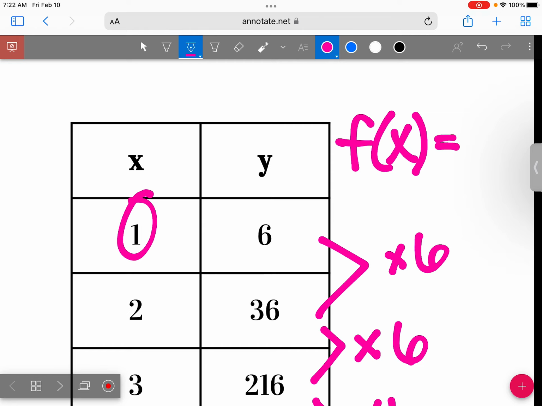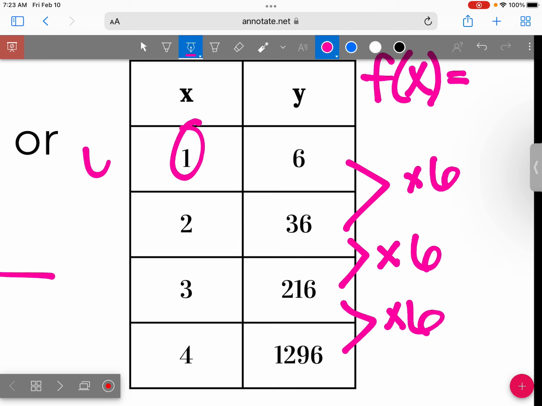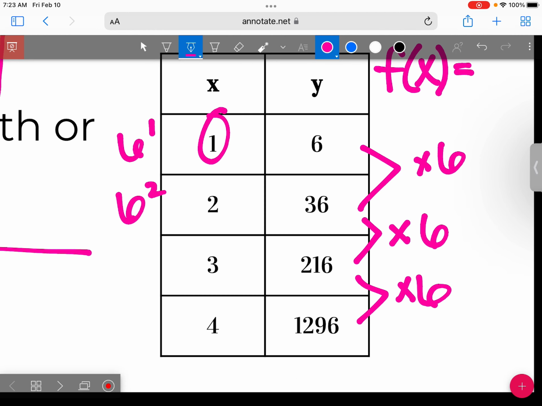What'd you say? F of x equals 6 to the what? What does our exponentials always look like? Not just to the second. We're plugging in our x, right? And 6 to the first is going to get us 6, right? 6 squared is going to get us 36, right?